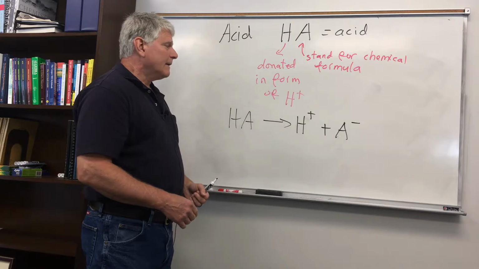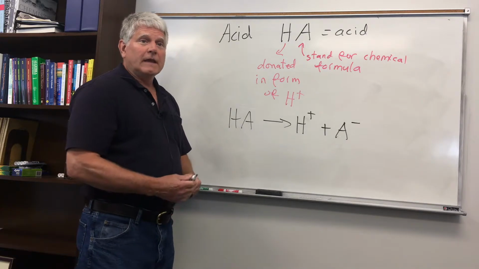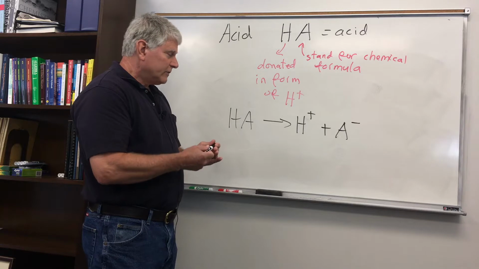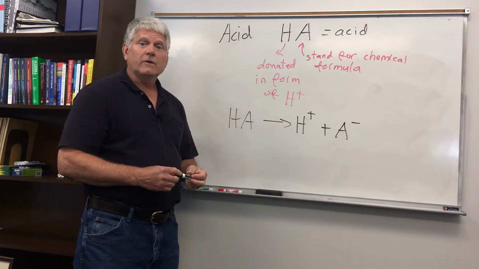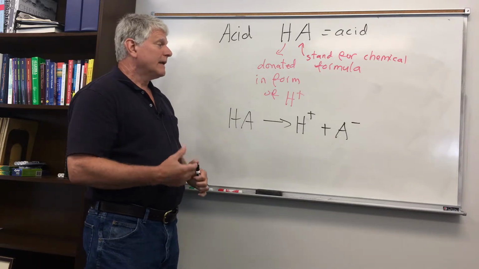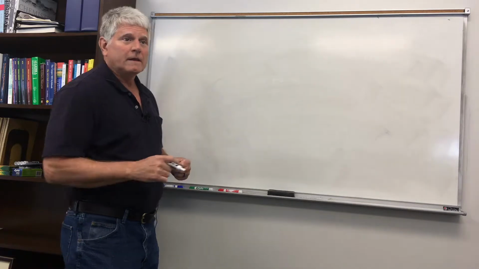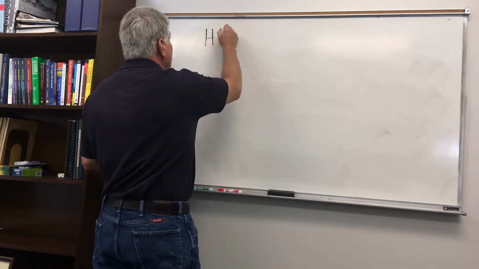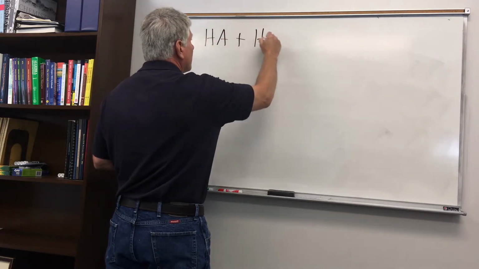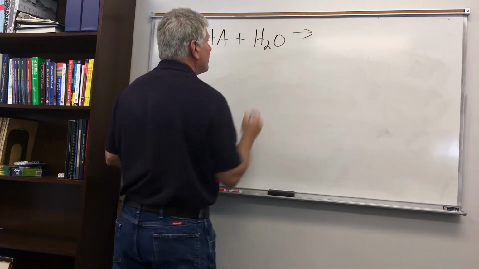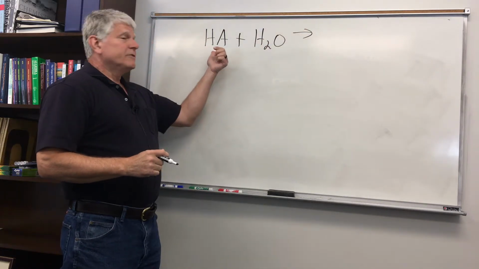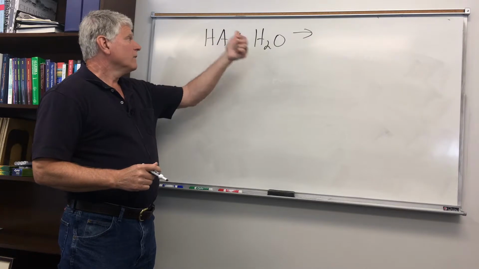So let's do an example of an acid. And acids are used in solution, and so we'll do an example of an acid in water. So here I'll just have a general reaction of an acid with water.